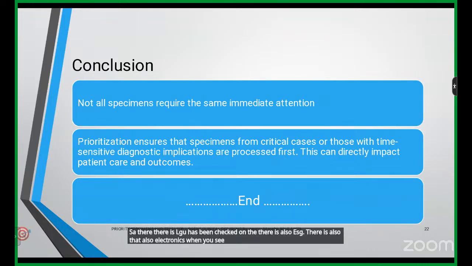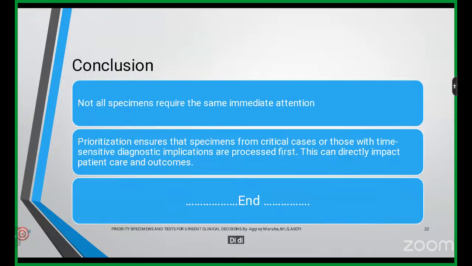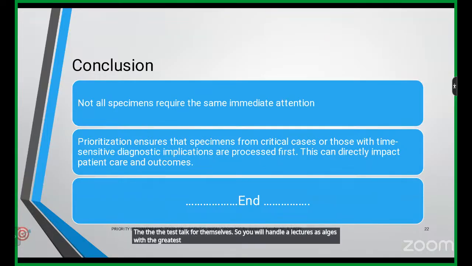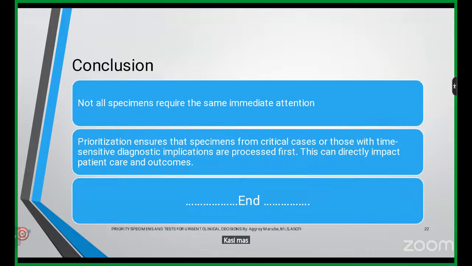When you see such a patient, even if it's not indicated that this patient needs to be handled under emergency or high priority, the tests talk for themselves. So you should handle electrolytes as urgency with the greatest urgency, the same as you handle creatinine and troponin.